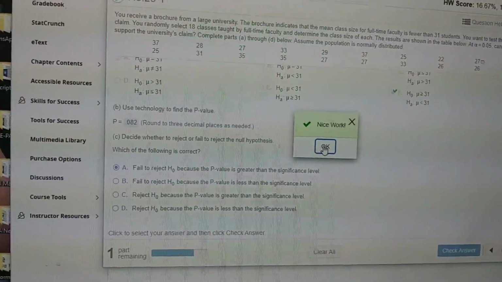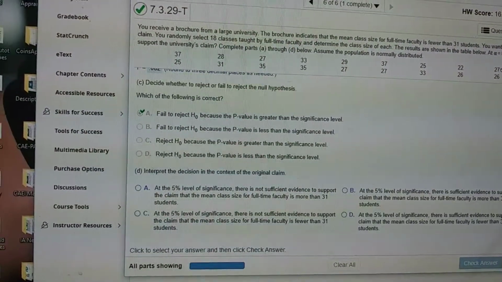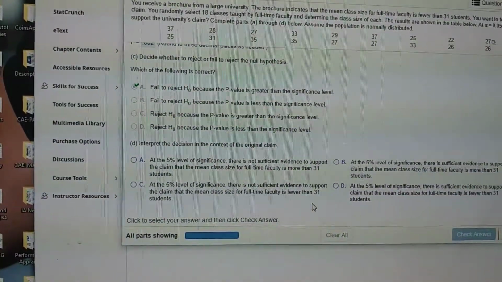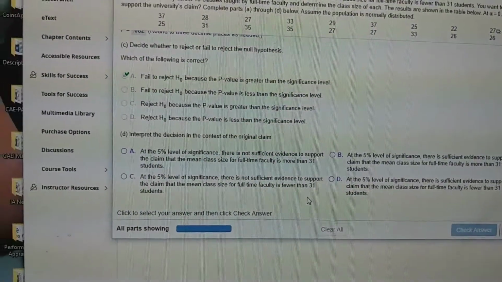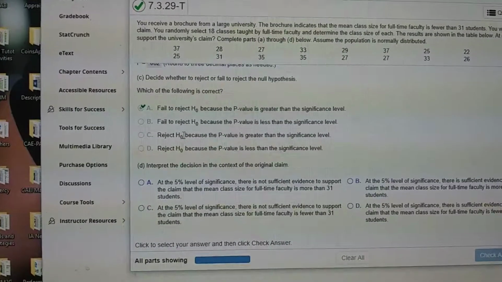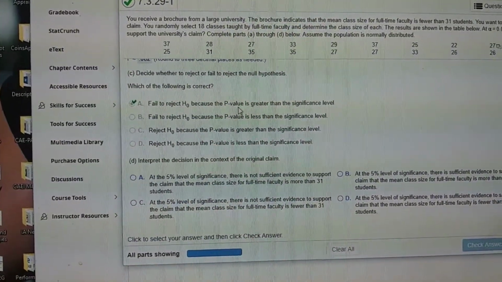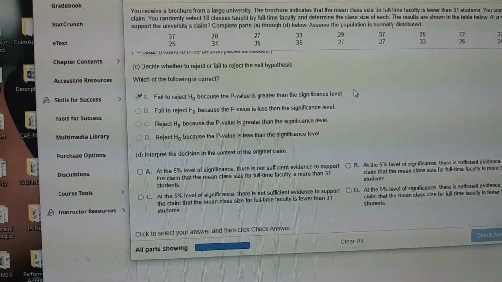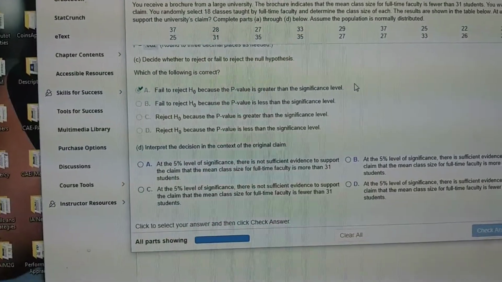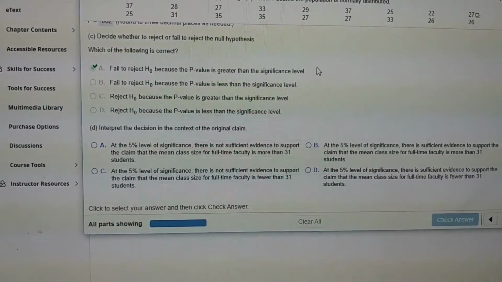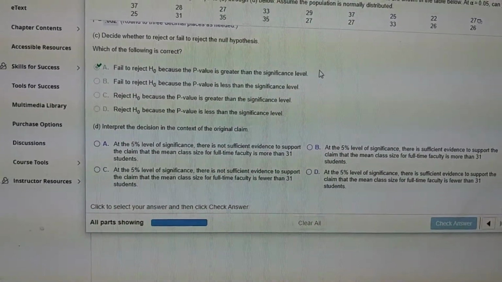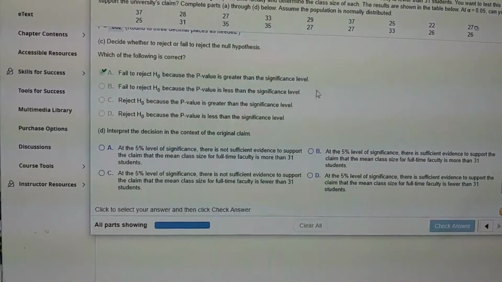Check this out, we're good. Now we need to interpret the result. Remember, we're failing to reject the null hypothesis. By failing to reject the null hypothesis, we are saying the null hypothesis is true. So since the null hypothesis is true, the claim, which is the alternative hypothesis in this case, is going to be false.